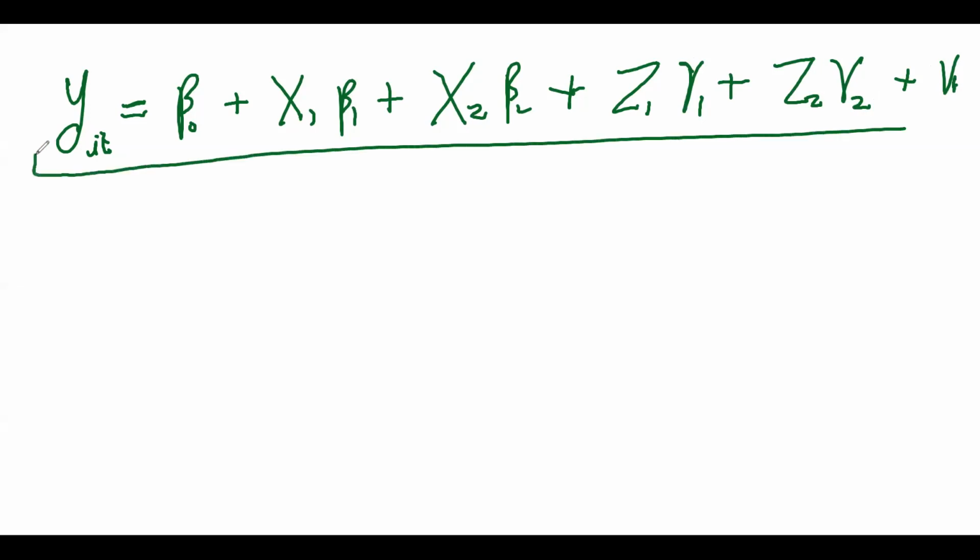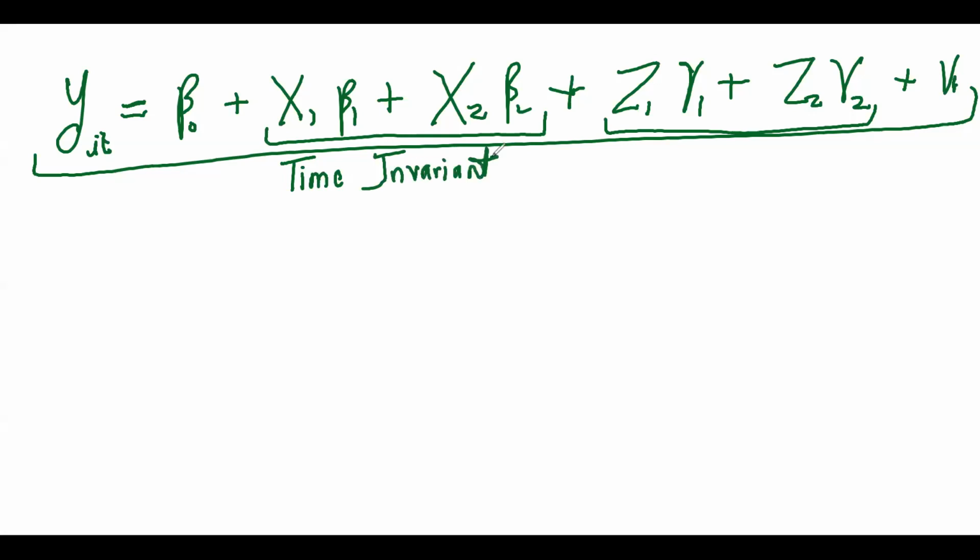In Hausman Tailor test, there are four types of variables. So these two types of variables are time variant variables, and these two types of variables are time invariant variables. So we define time variant variables by X. This is time variant, and this is time invariant.